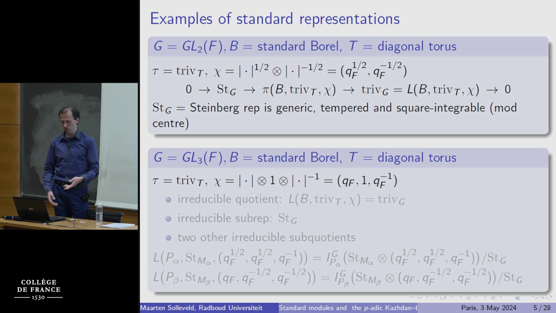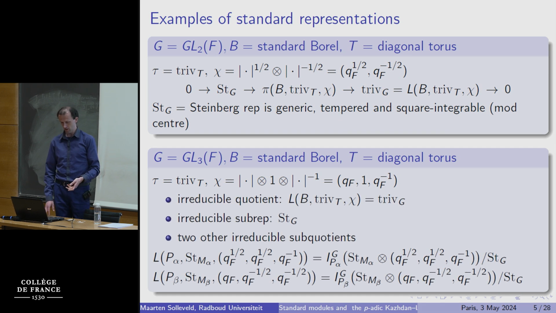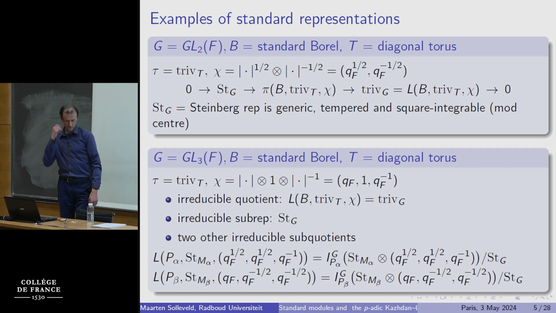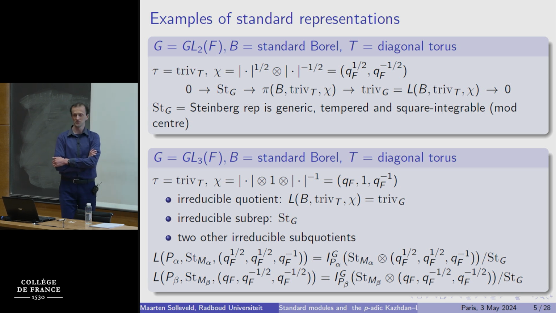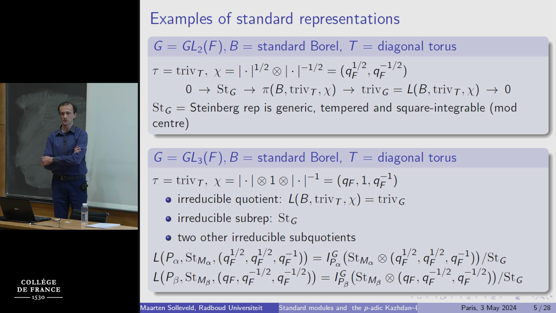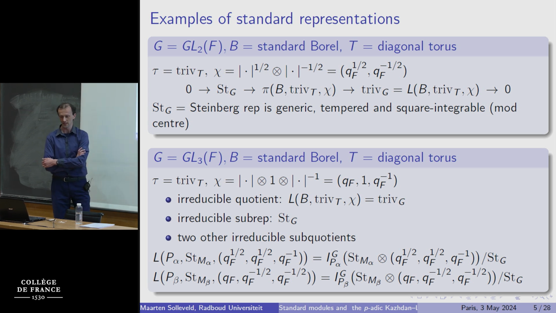If you parabolically induce this character, you get in fact a standard representation of length 4. And, similar to GL2, it has the trivial representation as a quotient, and it has the Steinberg representation of GL3 as a sub-representation.